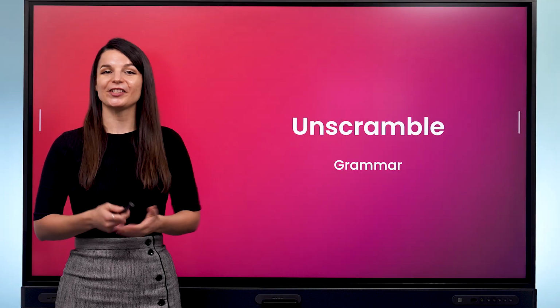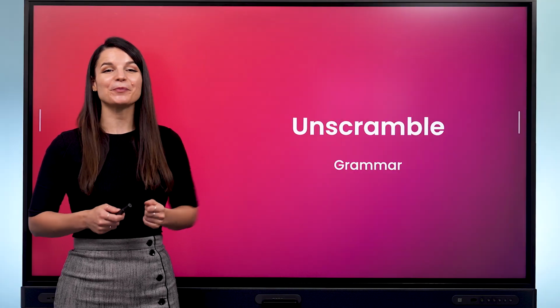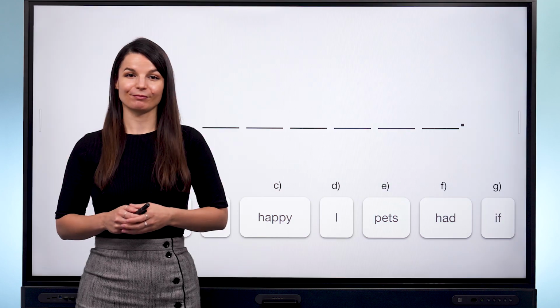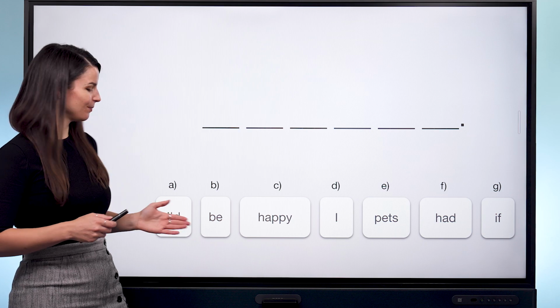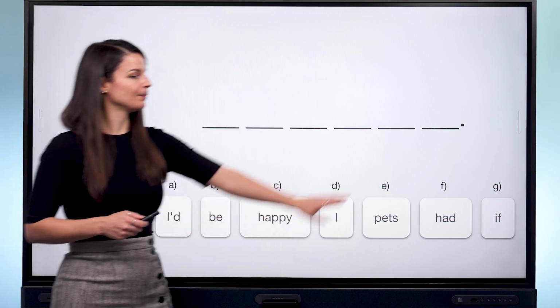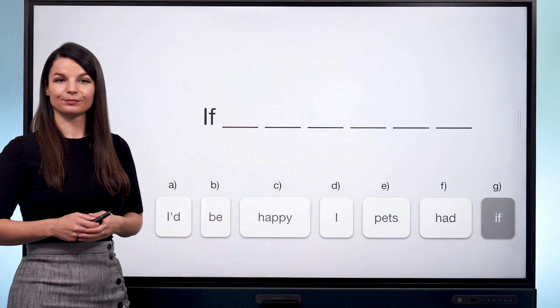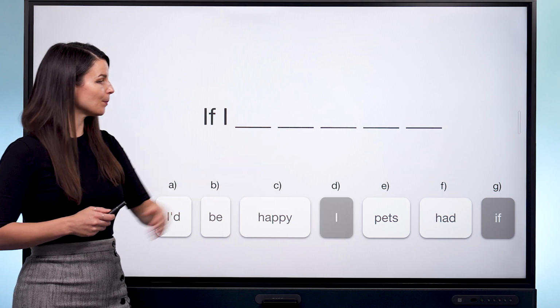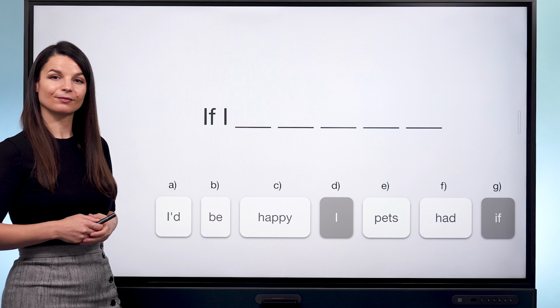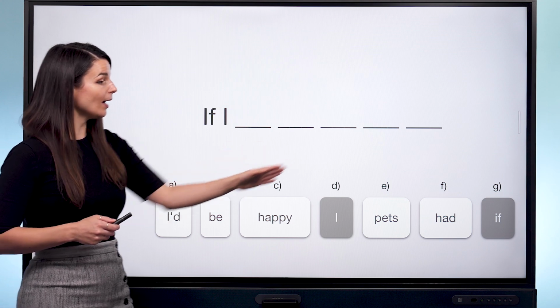Let's test your knowledge of this sentence structure. Unscramble the words to make a sentence. Ready? If. If I. If I had.